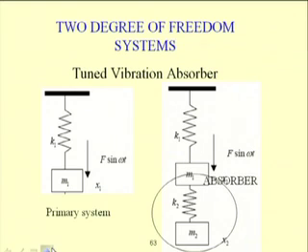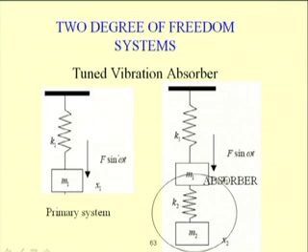After this brief review of 2 and multi degree of freedom systems, let us see how the 2 degree of freedom system analysis helps us to reduce vibration. For example, consider a pump or any internal combustion engine, which are inherently unbalanced.